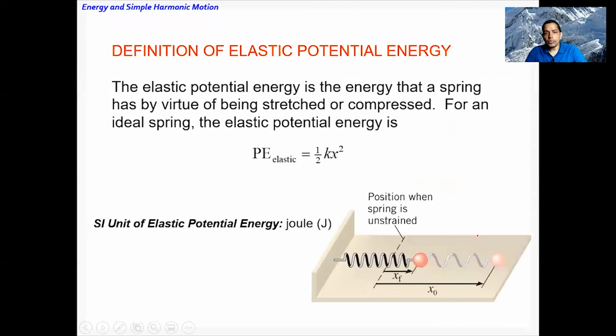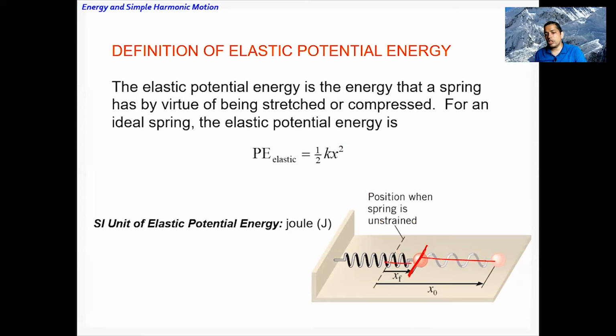Okay. Now in this case, we define the elastic potential energy. Elastic potential energy is the energy that a spring has by virtue of being stretched or compressed. Suppose you have a spring here. This is the original length of the spring. If you stretch it, then the spring has potential energy.